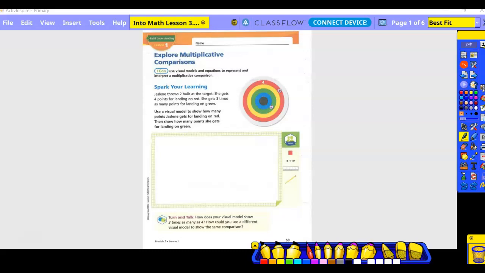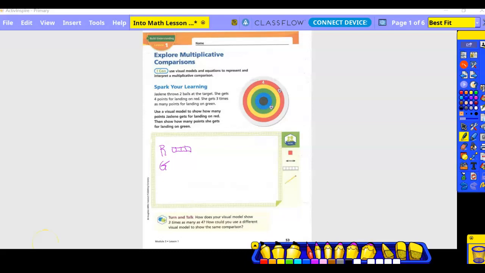Okay, so red, how many points does she get? 4. So we could draw 4 little boxes here. Okay, then we have green. And how many did she do there?